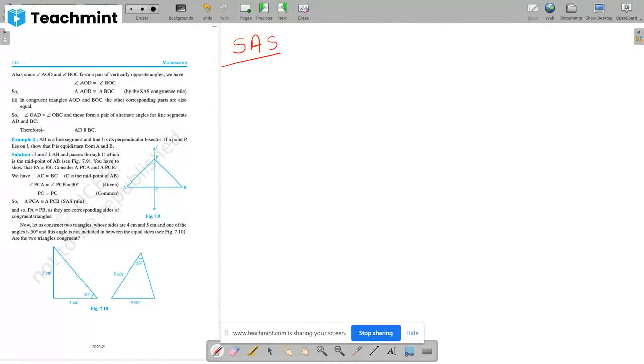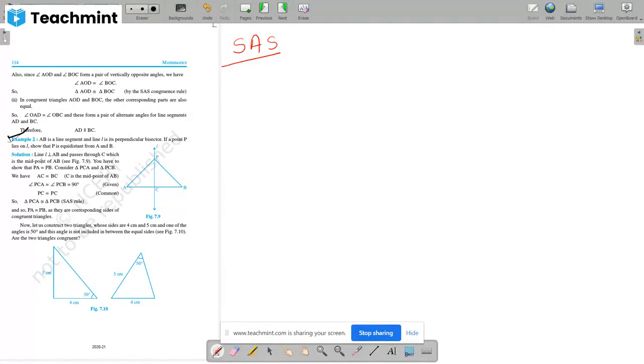Now we will see example number 2. The example says that AB is a line segment and line L is its perpendicular bisector.